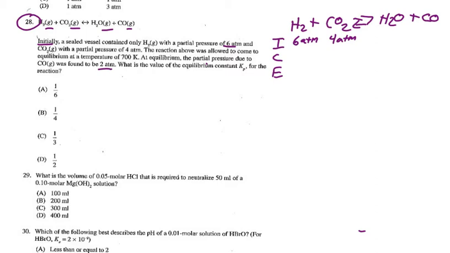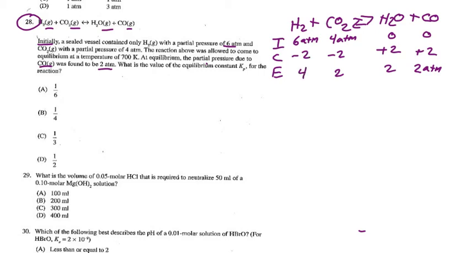Or to CO. So we're going to assume we're going to start with 0, and this one at equilibrium is 2 atmospheres. So that's going to increase by 2 atmospheres. That's going to increase by 2 atmospheres to 2. This is going to decrease by 2 atmospheres to 2. And this is going to decrease by 2 atmospheres to 4 atmospheres.